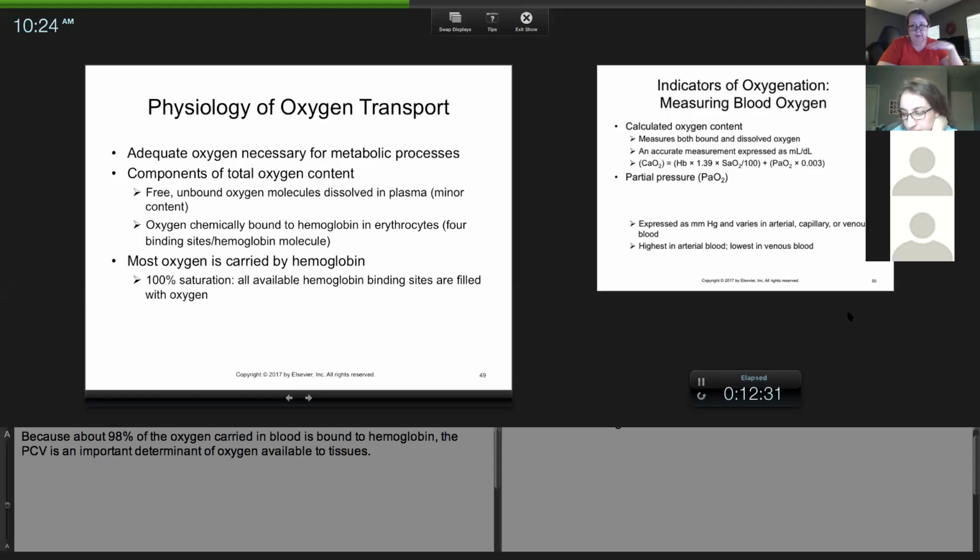Your dog, your cat, your gerbil, your horse, your cow, 95% and above is what they're supposed to be. And what 100% means is that every hemoglobin that's available is saturated with oxygen. It means it's bound.